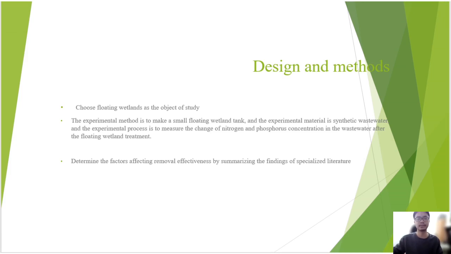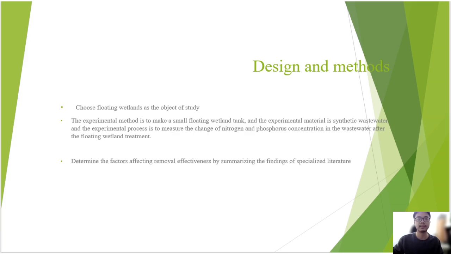Design and method. There are many types of vegetation treatment systems. For the convenience of the study, I chose floating wetland as the objective. The experimental method is to make a small floating wetland tank, and the experimental material is synthetic wastewater.